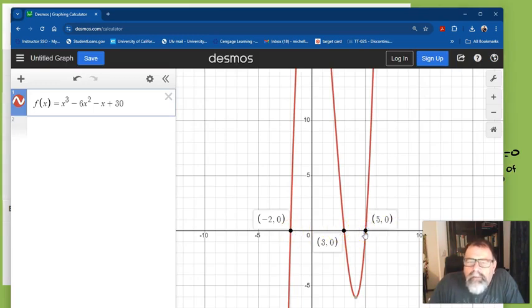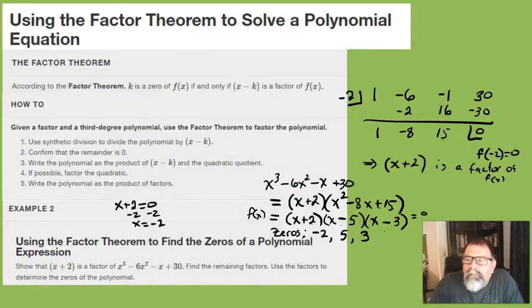So the zeros of that polynomial will be those x-coordinates, -2, 3, and 5, which is precisely what we found here. -2, 3, and 5. Okay, so order doesn't matter.